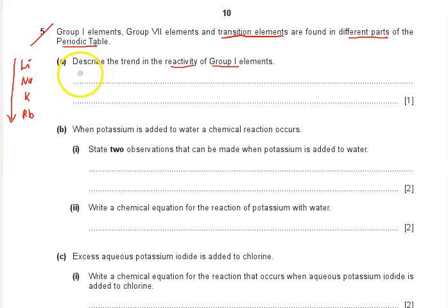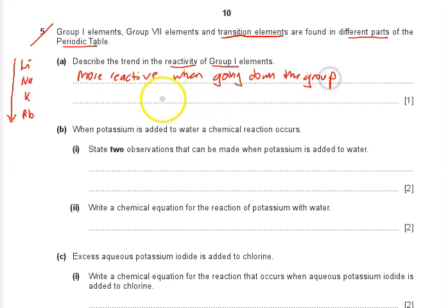So you can say it is more reactive when going down the group. This is the keyword here. That's all for 5A.